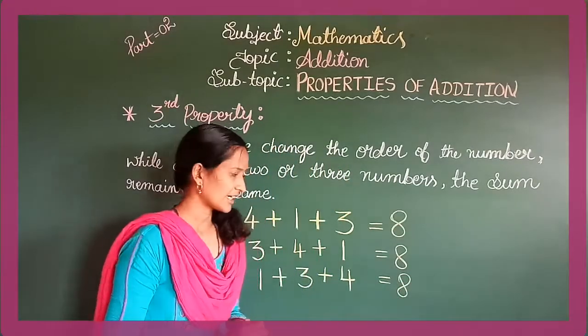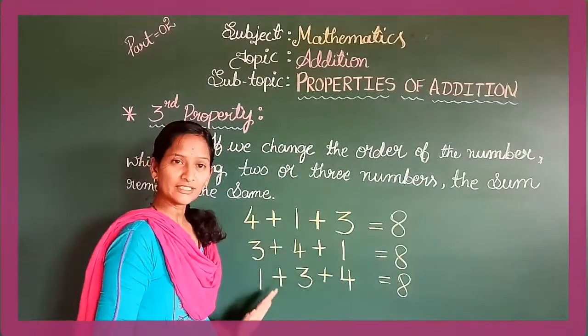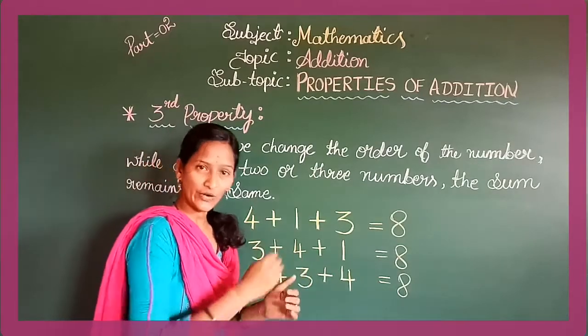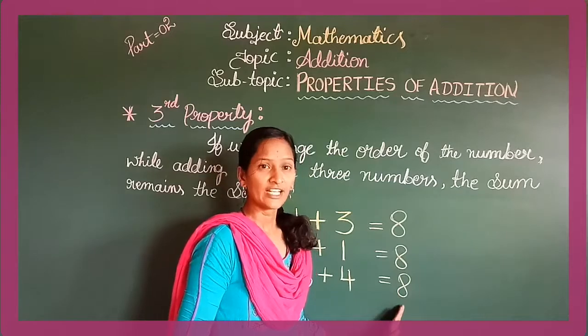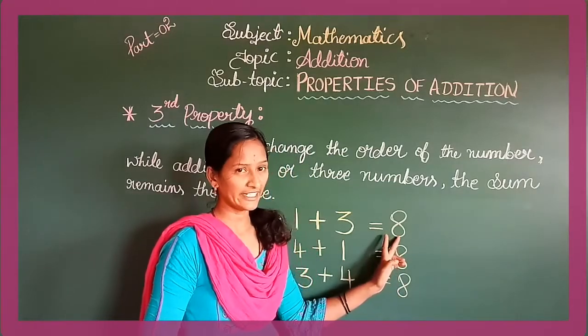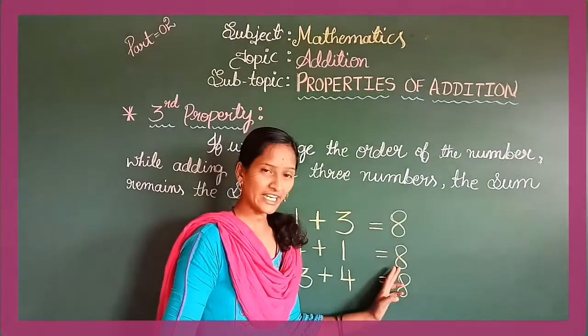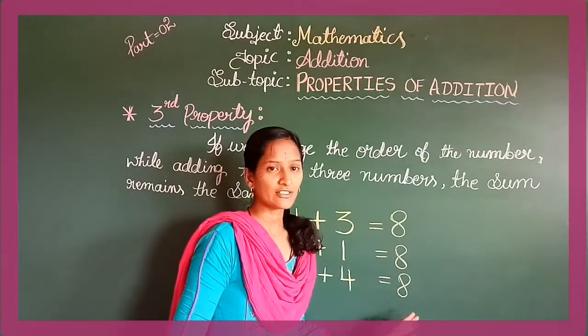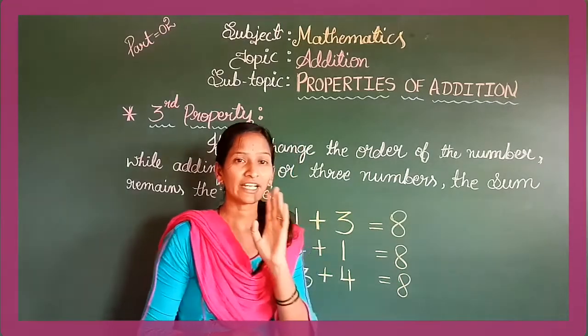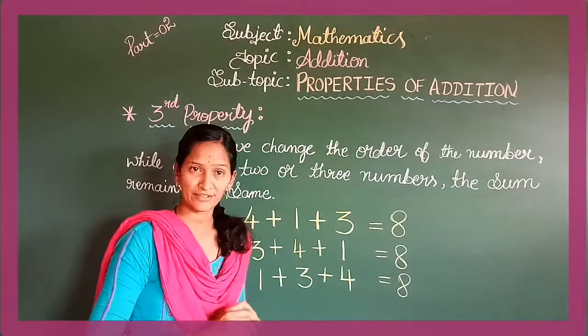So children, I added all the 3 numbers by changing the orders. So now you will observe the sum. In the first case, we get 8 as the sum. In the second case, we get 8 as the sum. In the third case also we are getting the number 8 as the sum, right?